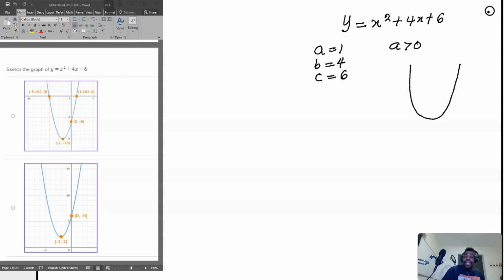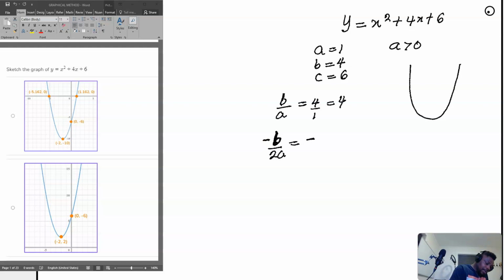Now, because it's a full quadratic function, we can decide to say b over a, where our curve is going to be, left or right. This is 4 over 1, which is 4. That means this b over a is positive, so our curve is going to be on the left, and it's going to be displaced by minus b over 2a.